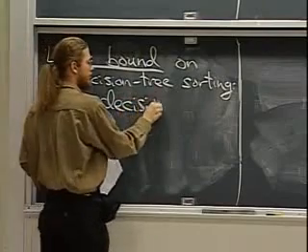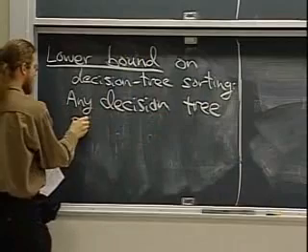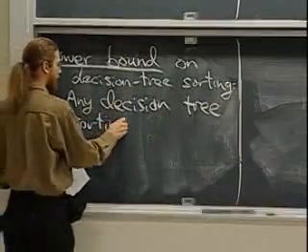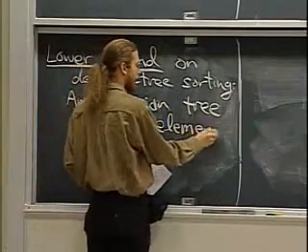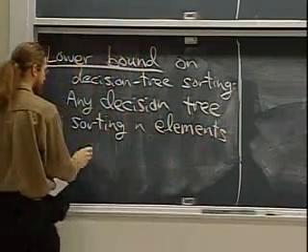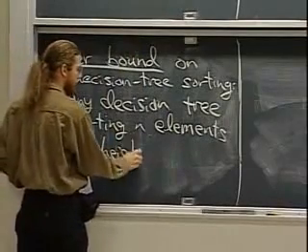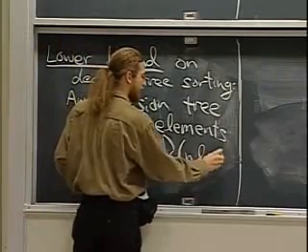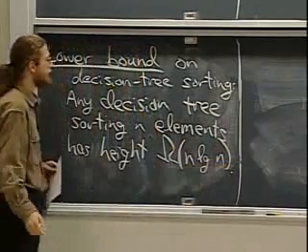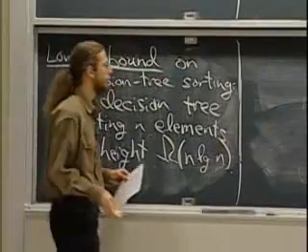And the lower bound says that if you have any decision tree that sorts n elements, then its height has to be at least n log n, up to constant factors. So that's the theorem.